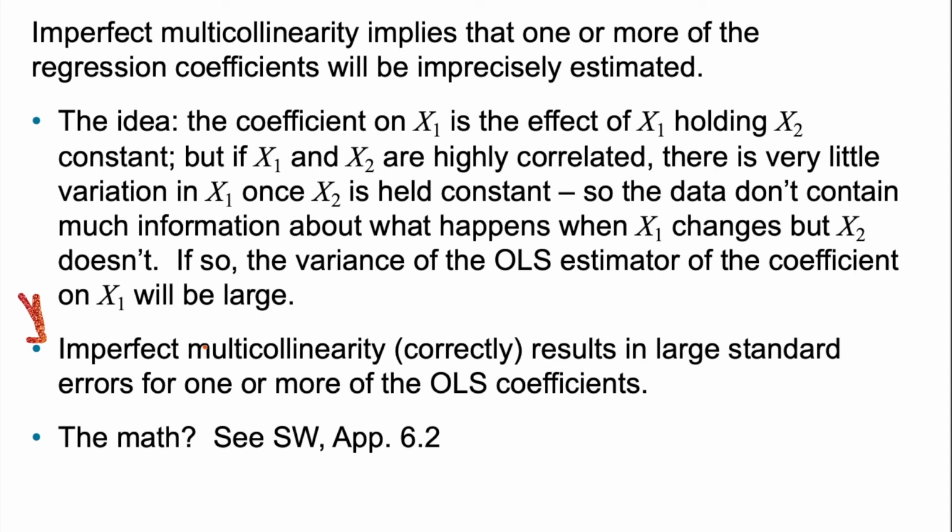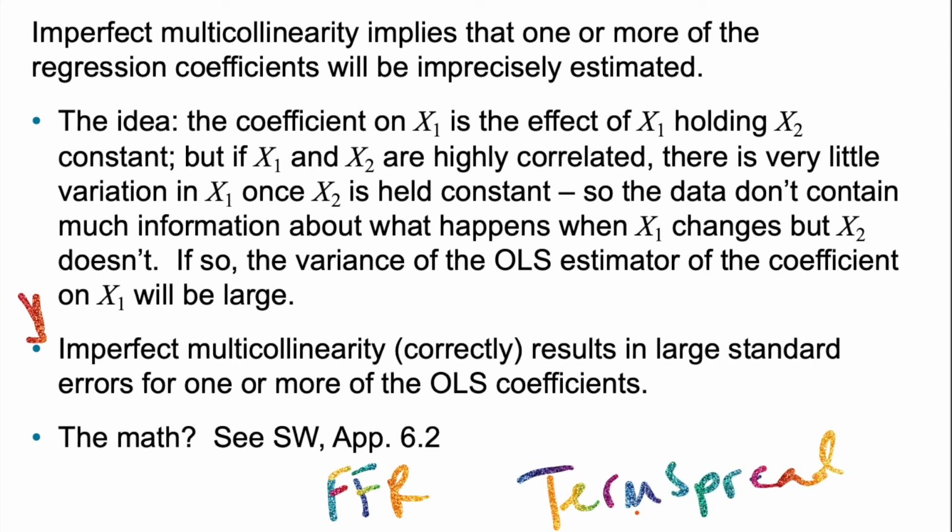The math is in the appendix, and a bit outside the scope of this course, but it's important to know that if you have two variables in your regression, such as a short-term interest rate, like the federal funds rate, and the term spread, it's hard to look at the effect of the variation in one variable holding the variation in the other variable constant when the two variables are highly collinear.